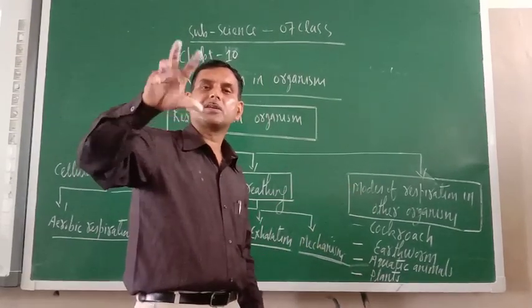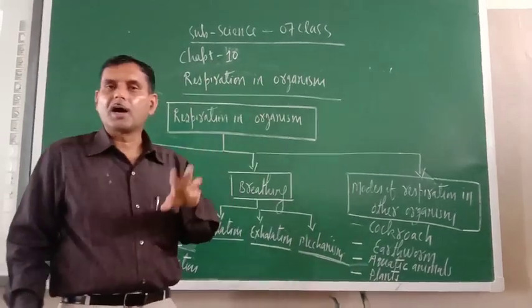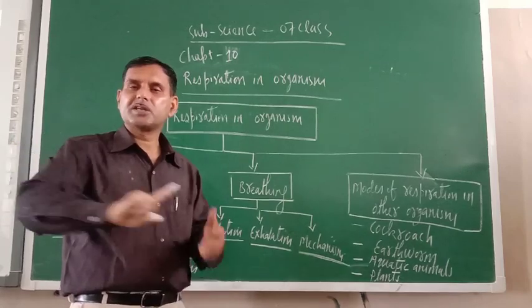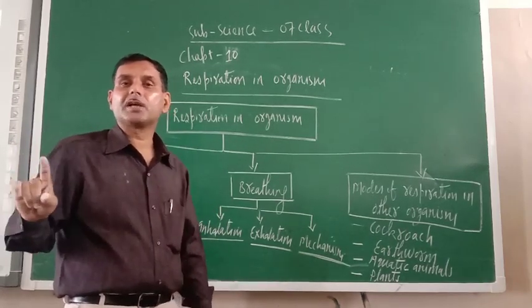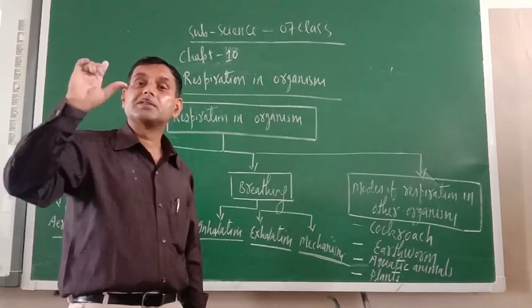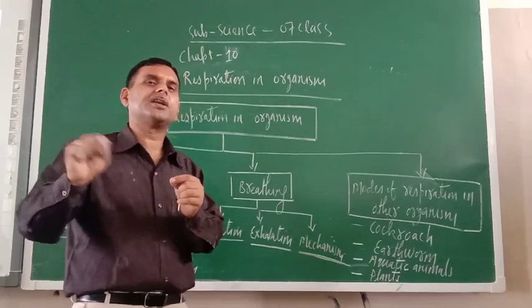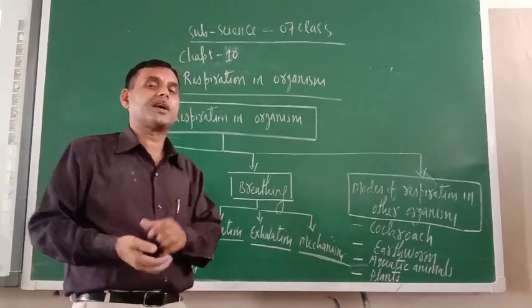Their breathing process is different. We'll explain with the help of a diagram. The earthworm's respiratory organ is skin. See, the earthworm's skin is always slippery. Their outer skin is very thin, and that thin skin is the only respiratory organ.